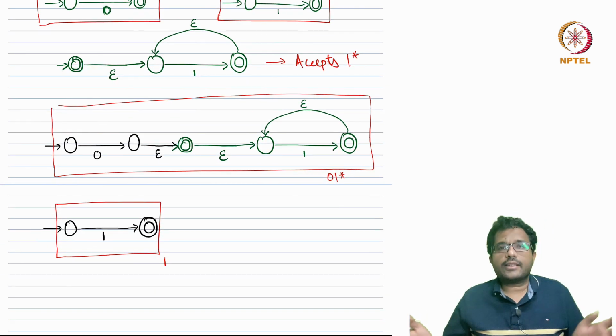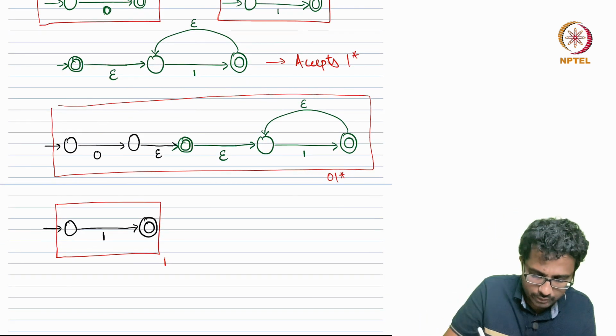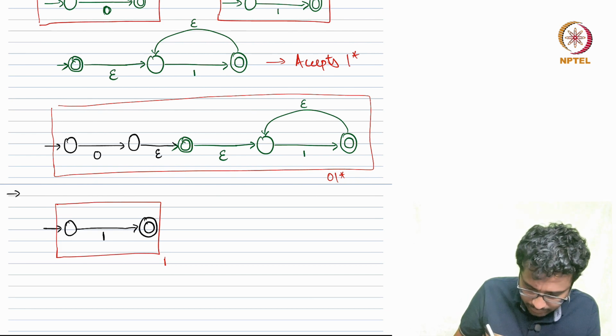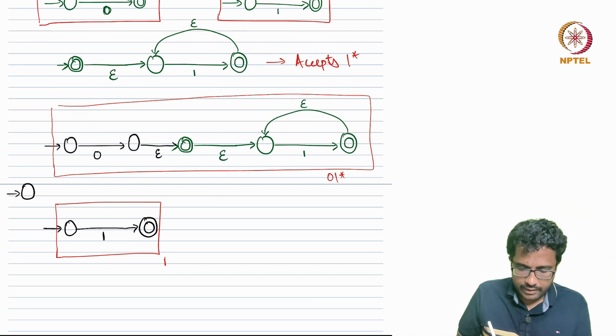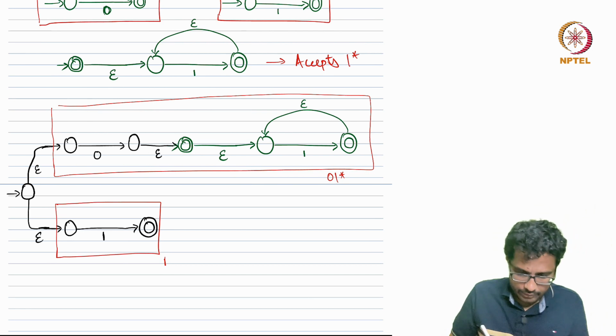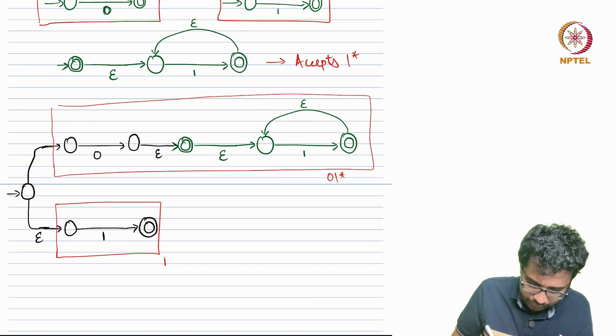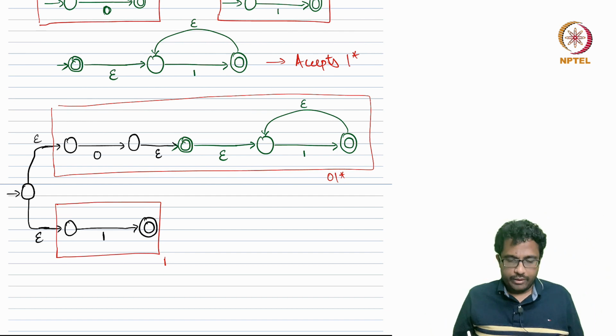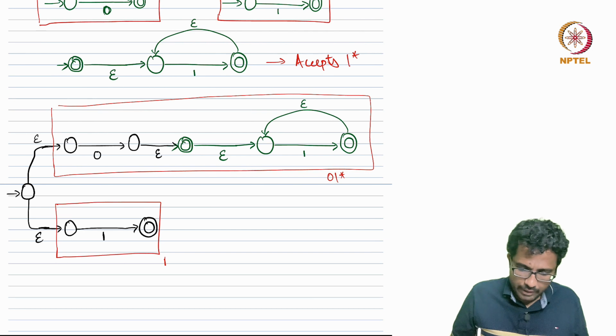Again, we can construct it using the closure properties that we saw earlier, right? So the way to construct the union is you have a new start state, and then you have epsilon transitions to the two machines that accept the respective languages. So now this combined machine, right?